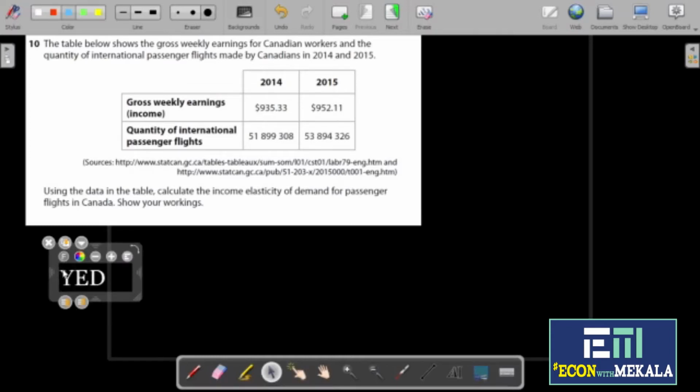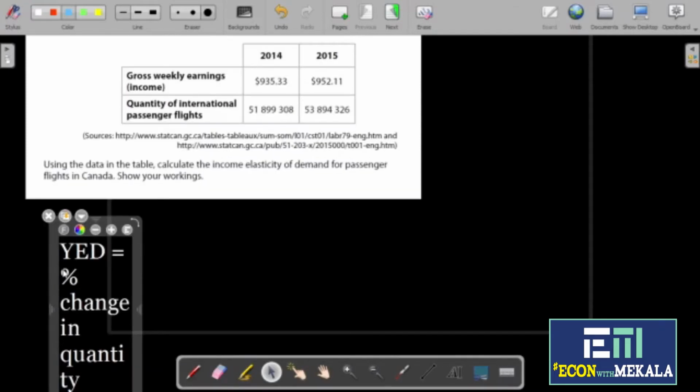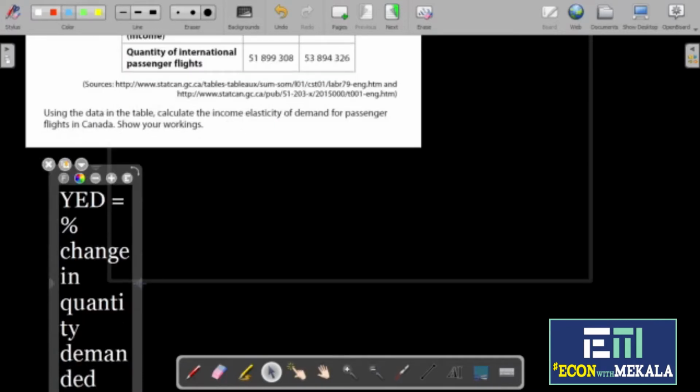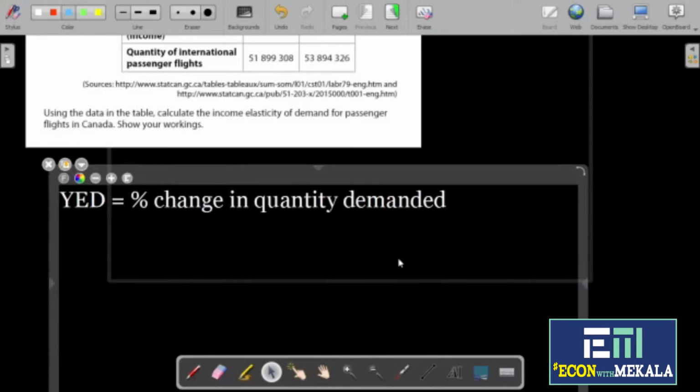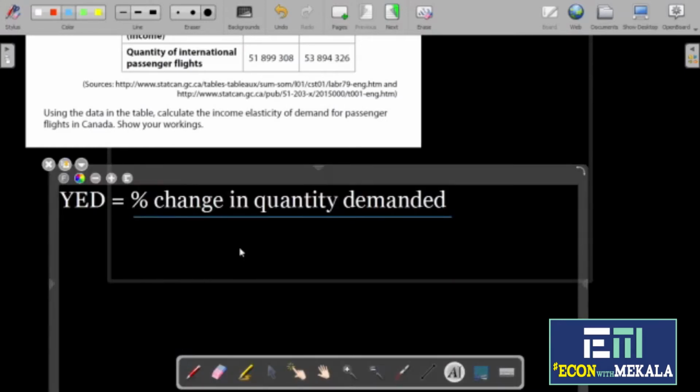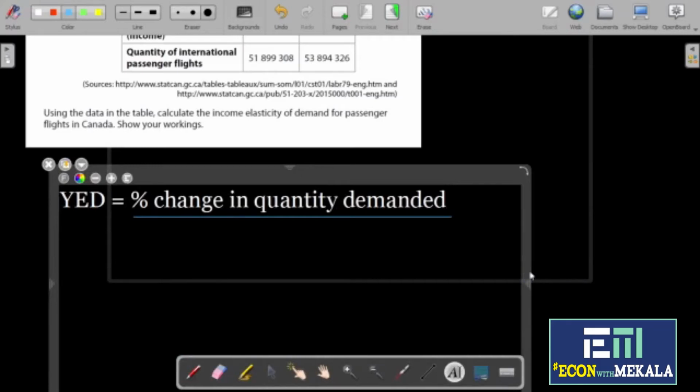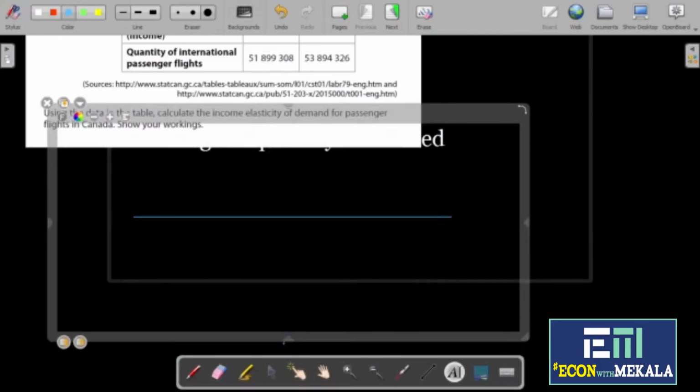So YED is percentage change in quantity demanded divided by percentage change in income.